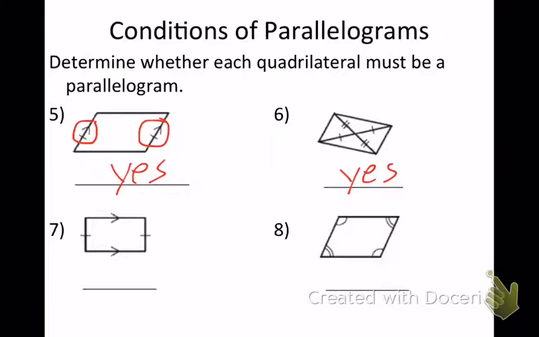Is 7... Now, again, we can't just say it looks like a parallelogram. Would this always be true for a parallelogram? Claire, yes or no? No, I agree with you, Claire. Why? Is there any condition that says parallel and the other sides are congruent? No. Because what happens here is we sometimes get shapes that look like this, where these sides are parallel and these sides are congruent.